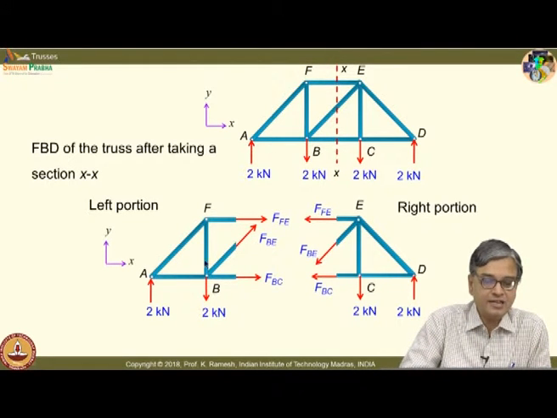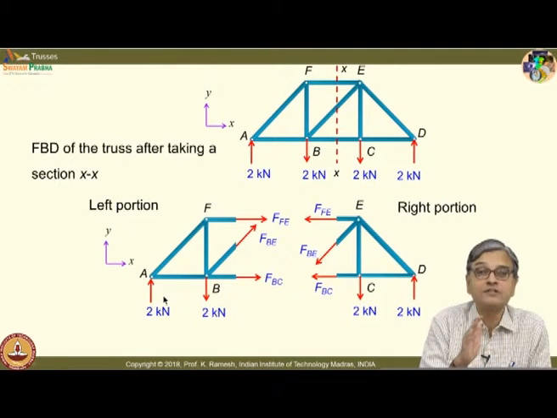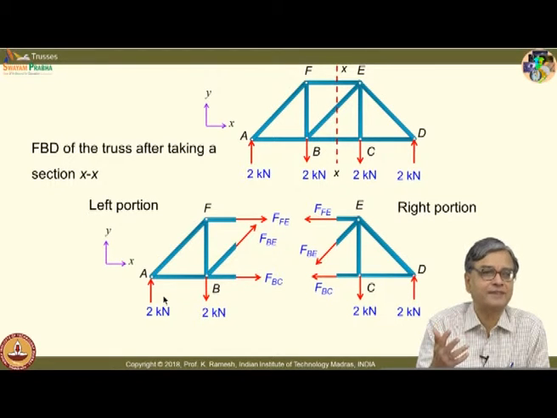And we have also seen in the question, I should find out the force FFE by using just one equation. What is the difference between method of joints and method of sections? When I isolate a joint, I get a concurrent force system. I can write only two equations of equilibrium, because the moment equation is automatically satisfied.